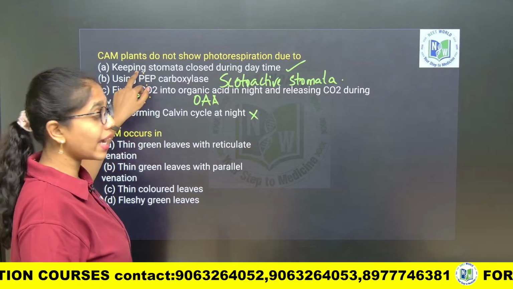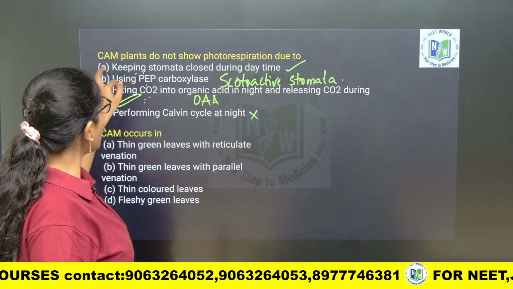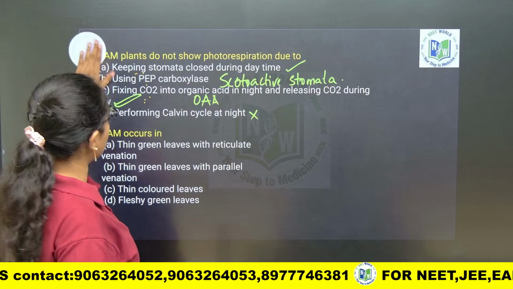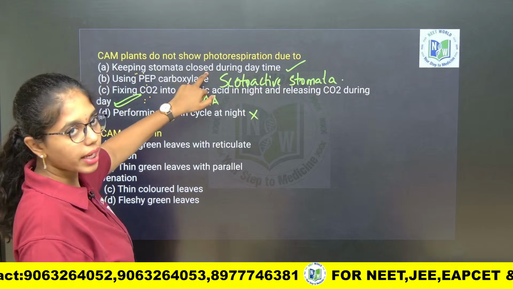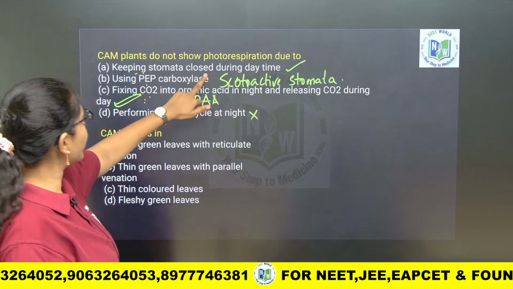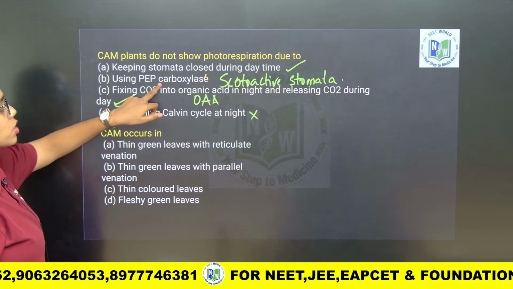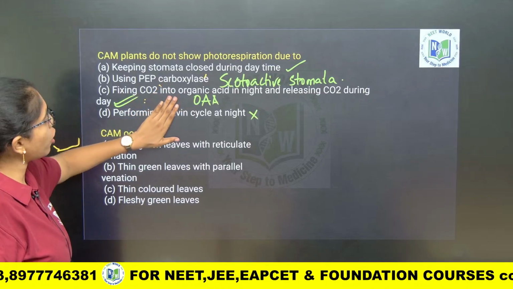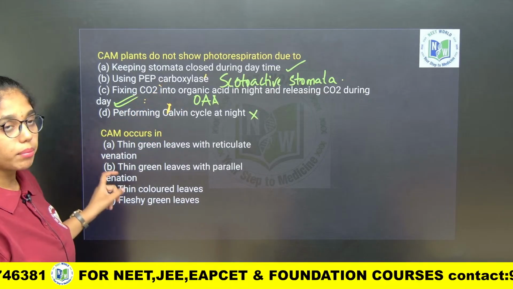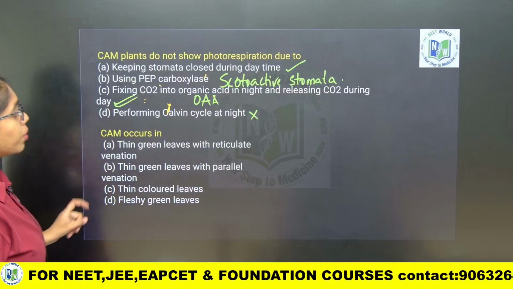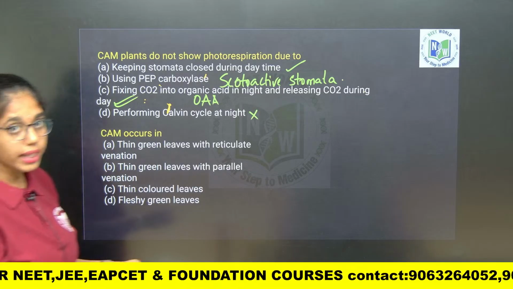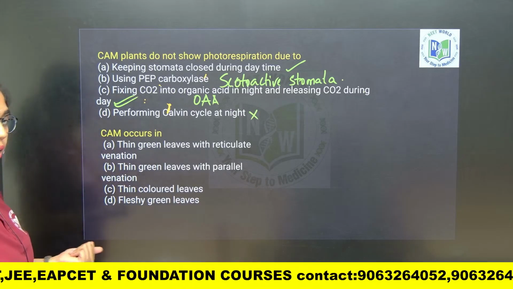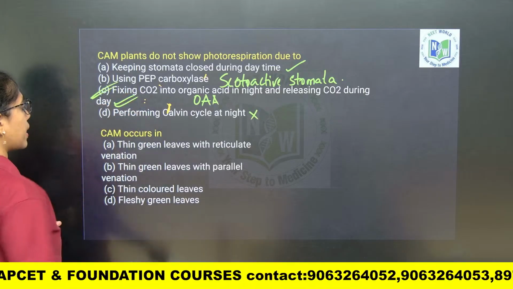Option A is a true statement, but it is not completely explaining the question. It is only talking about stomatal opening and closing, and only about utilization of PEP carboxylase. Option C completely explains fixing carbon dioxide into organic acids in night and releasing carbon dioxide during daytime. So option C will be the correct answer.